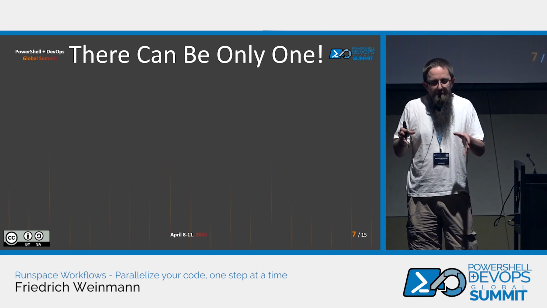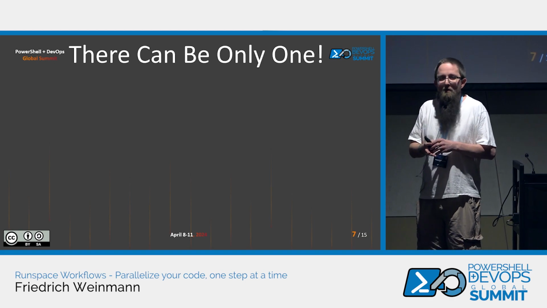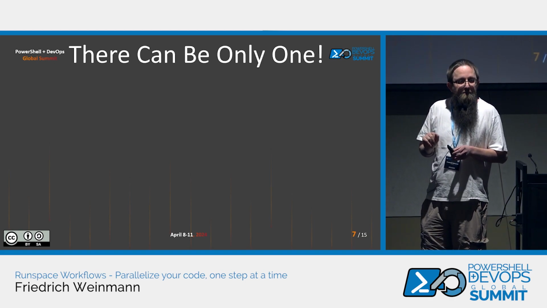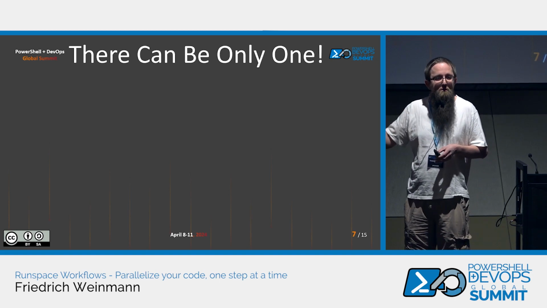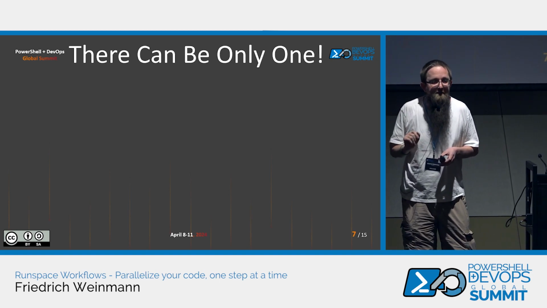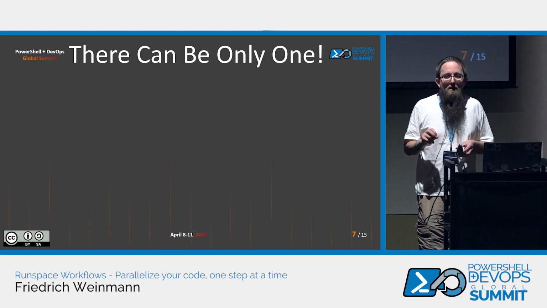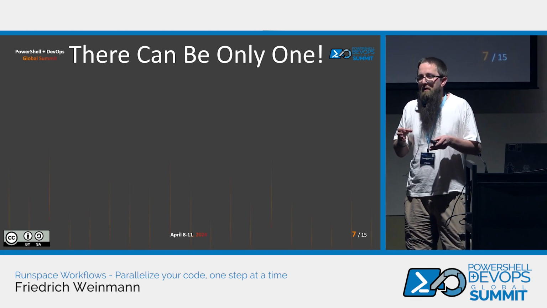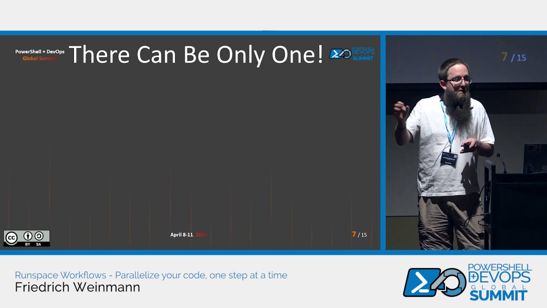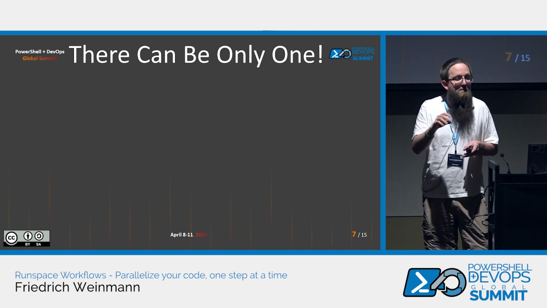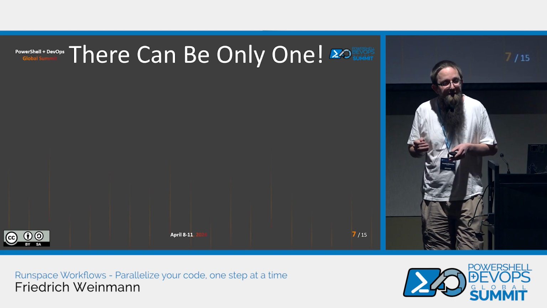Let's assume I've got a module, and there's something I want to have running in the background. So I spin up a Runspace that's just going to do its thing behind the scenes. This can work really well until somebody takes my module and also sends it in multiple Runspaces, because now each of them is going to spin up one of those background Runspaces.